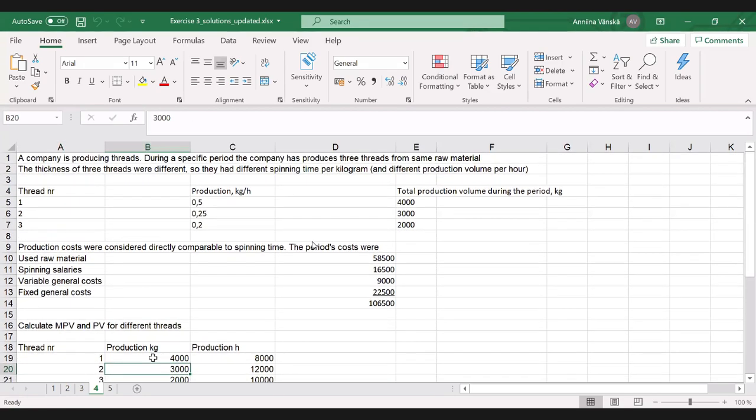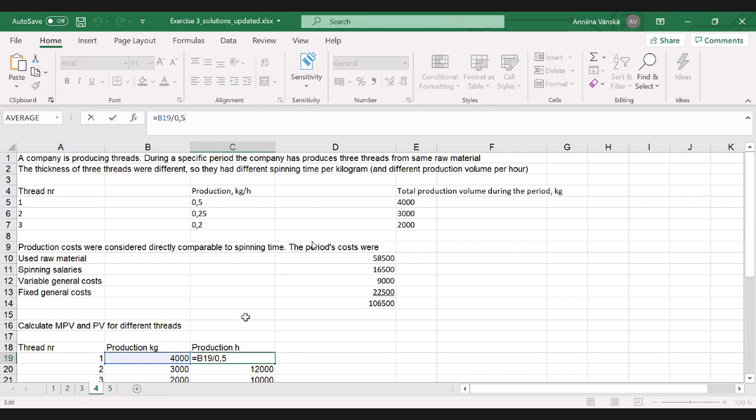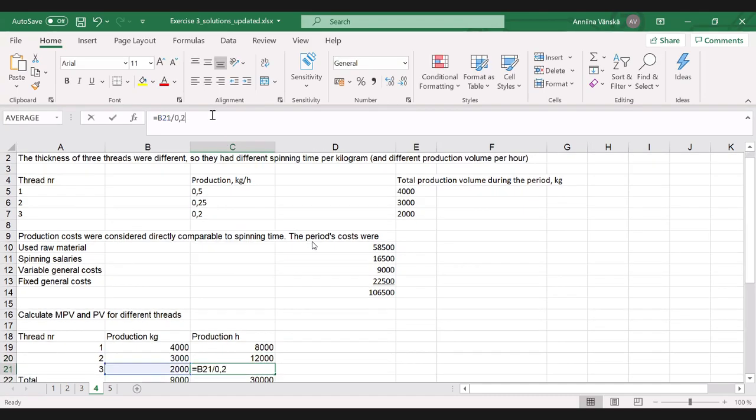Here's the same info on the production of kilos directly from here. Production hours could have also had it so that we have the figures from here, so then you know exactly where the figures are coming from.